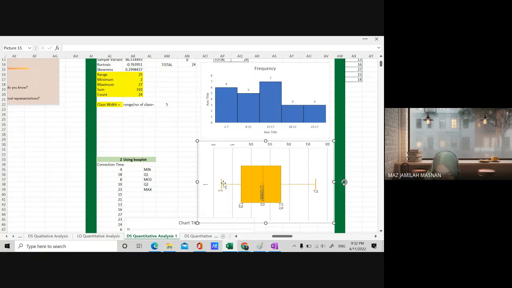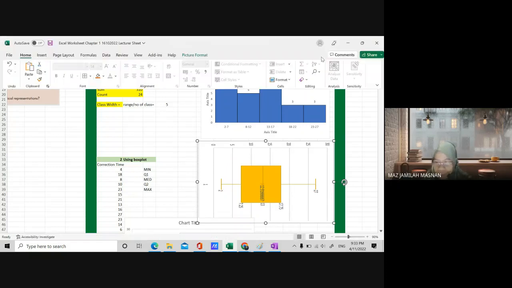Because we call this the whiskers. Misai kucing, whiskers. Okay, now what is the difference between this whisker and this whisker, class? What is the difference? Class?